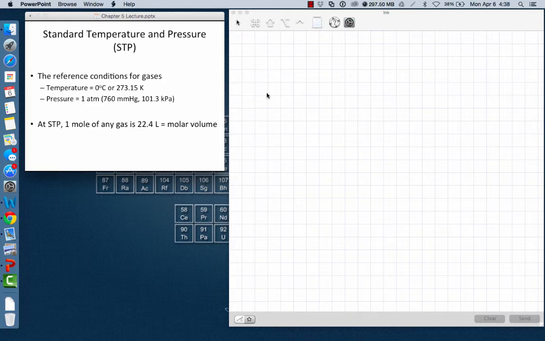So that's why, at standard temperature and pressure, we define 1 mole of any gas as always being 22.4 liters. And you can use this to figure a lot of things out.